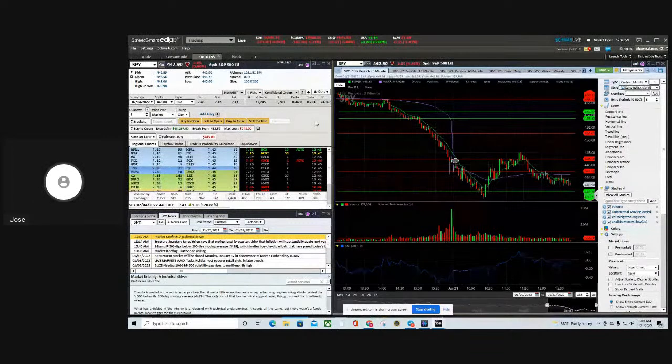It's a very good platform for paper trading. Webull has a paper trading simulator as well, and E-Trade also has one now.